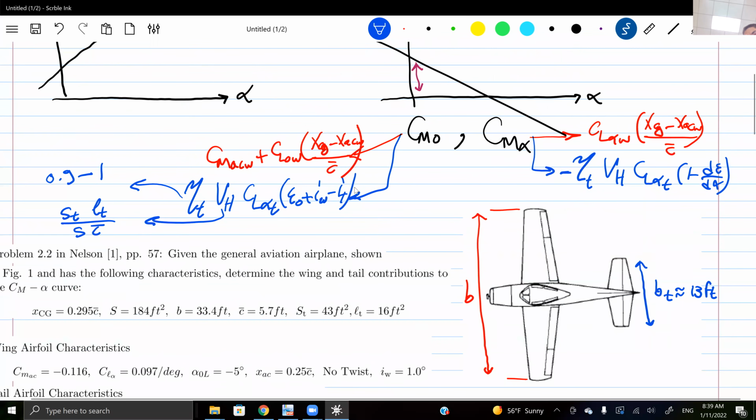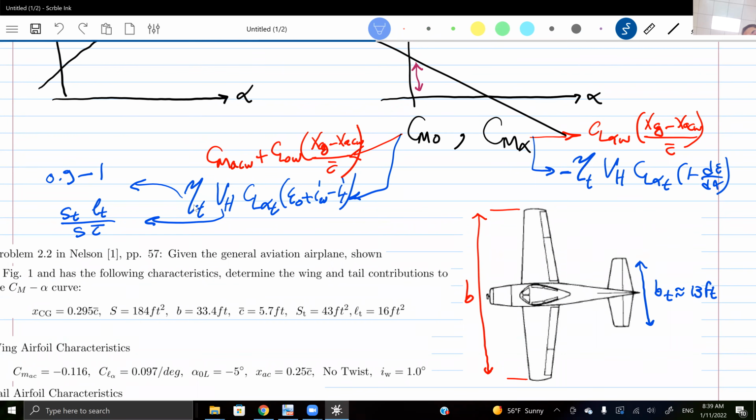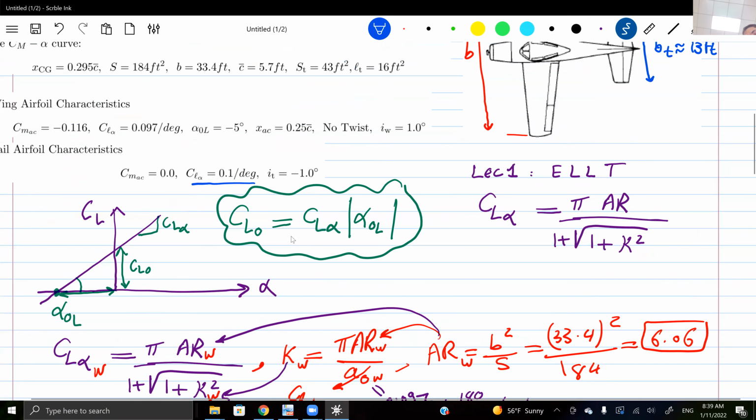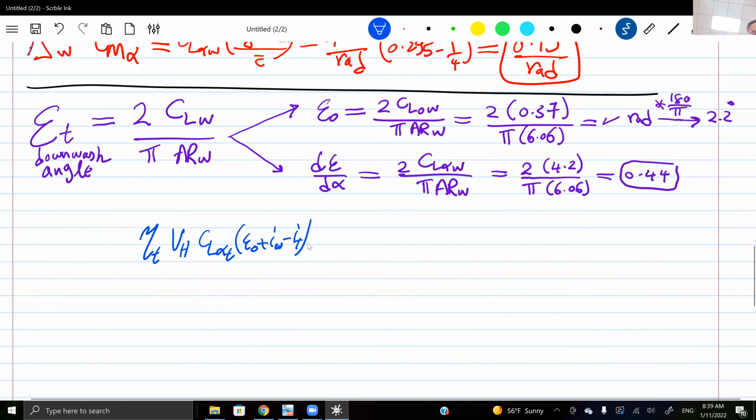So it's CM naught for the entire airplane, and this is the part that is coming from the tail. So how do we denote it? CM naught for the entire airplane, and this is the part that is coming from the tail.